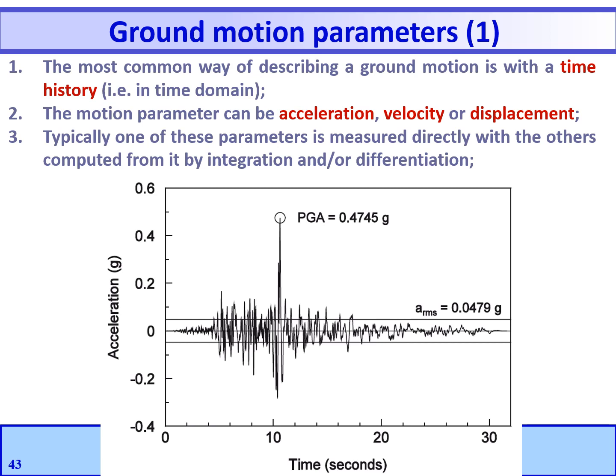In an attempt to obtain an adequate understanding of earthquake ground motion, a number of parameters have been used to characterize it, and some of the most important ones comprise the peak ground acceleration and the root mean square acceleration.